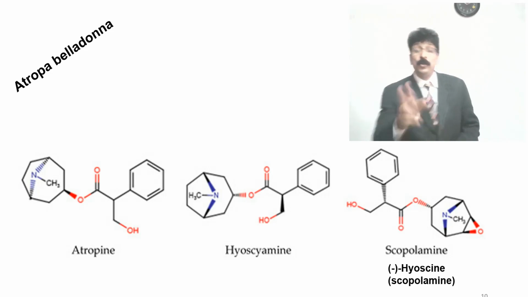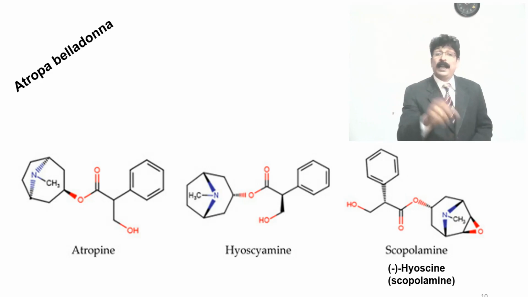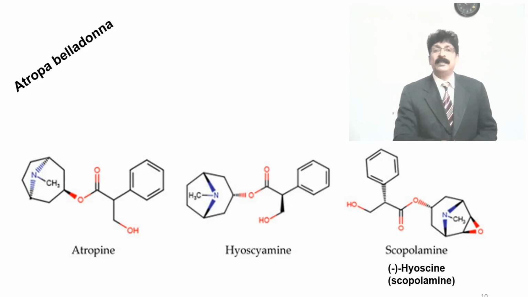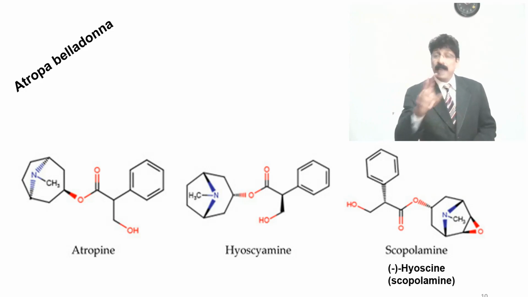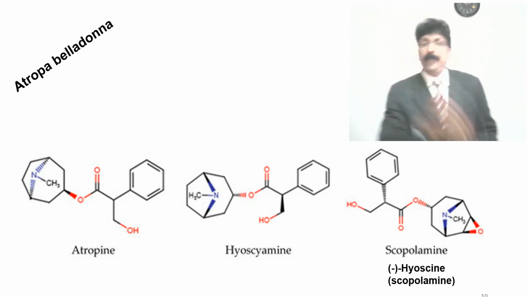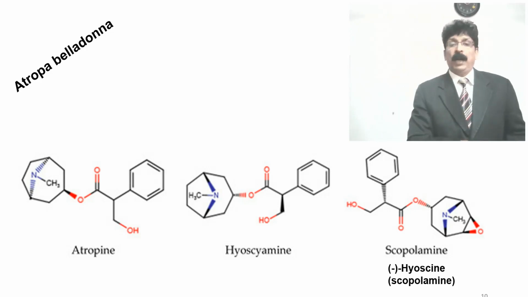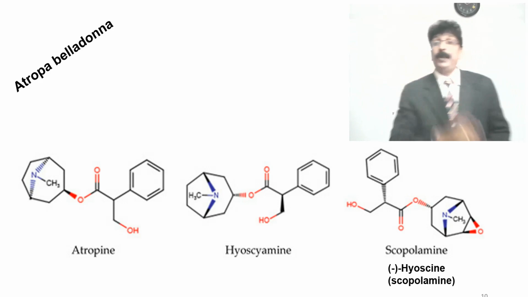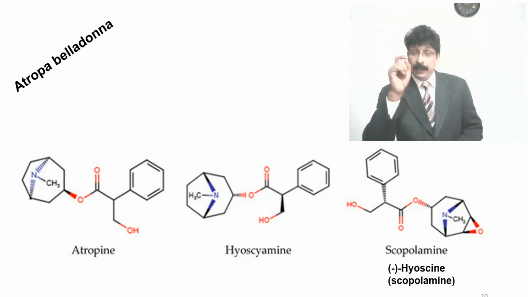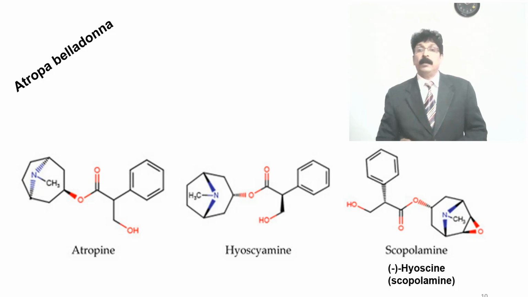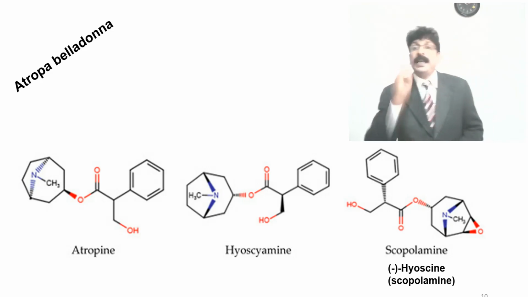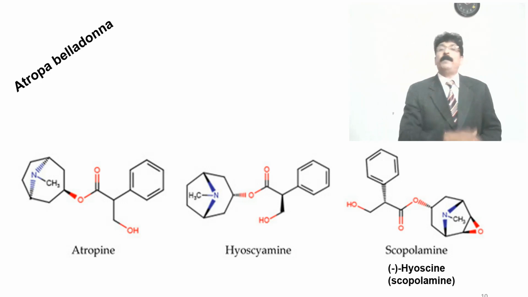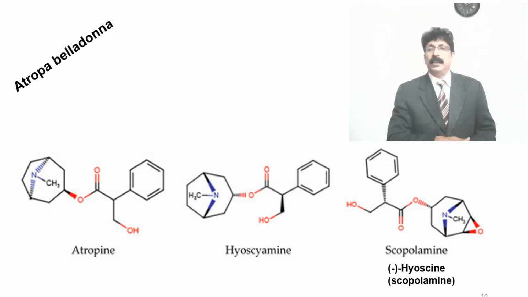You see this structure very clearly: atropine and hyoscyamine are similar structures. Only hyoscyamine is the levorotatory, negative rotation isomer, and atropine is dextrorotatory. More powerful is hyoscyamine. Usually they are present in a racemic mixture. Both will be present. Understand? And scopolamine is also present, only with an additional lactone ring of O.